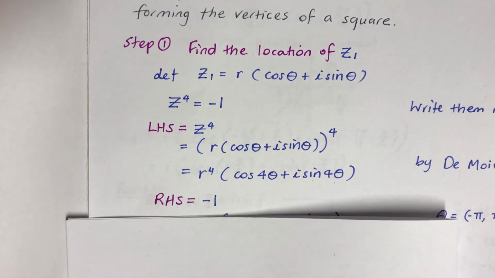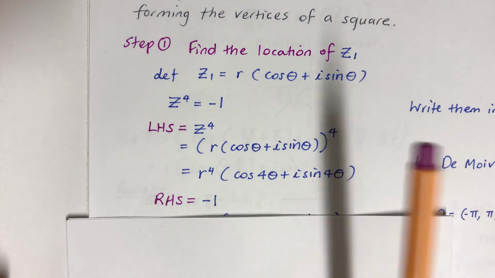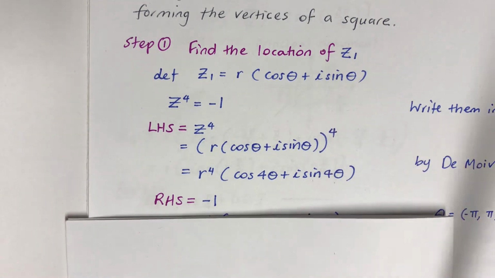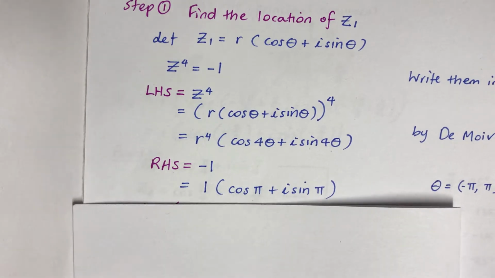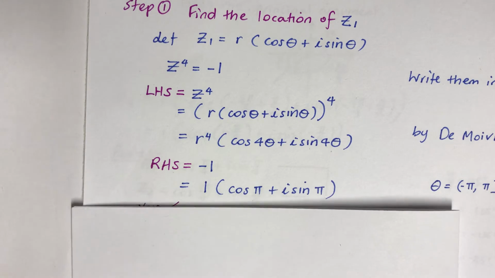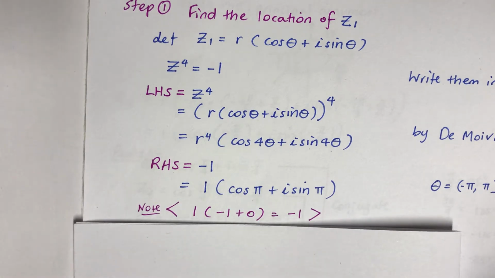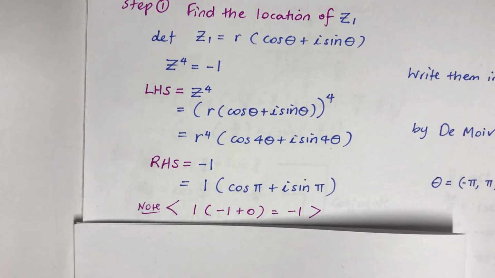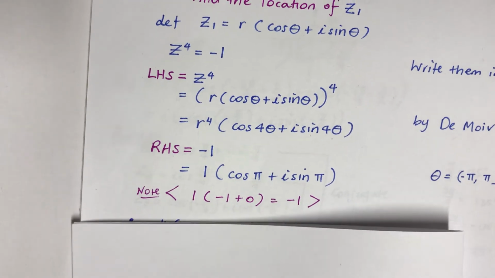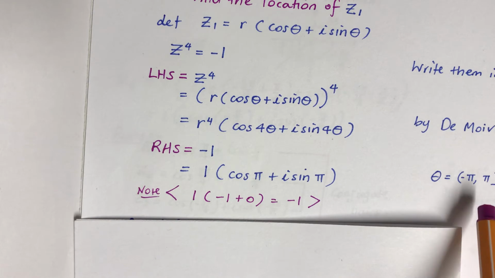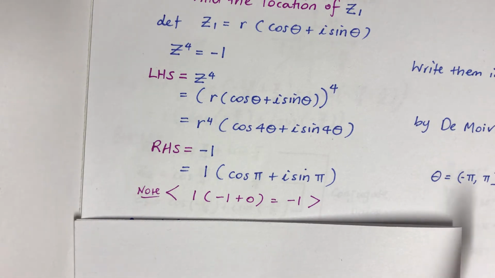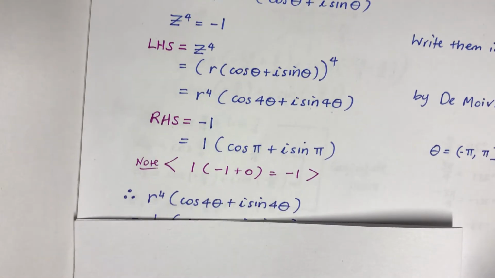And the right hand side I've got minus 1, and to write this minus 1 in polar form I need to write it like this: cos pi is minus 1 and sin pi is 0, so I'll end up with minus 1. Make sure you use the principal argument, which is between minus pi and pi, so just come up with the closest one.